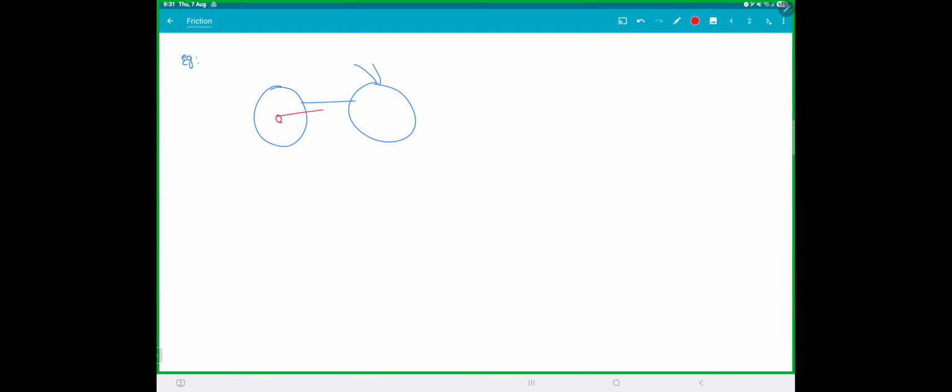So this is the pedal here. Now when you're rotating the pedal, what are you exactly doing? You are rotating the back wheel. While you're pedaling, you're actually transmitting power to the back wheel. When we pedal, we are trying to rotate the back wheel.